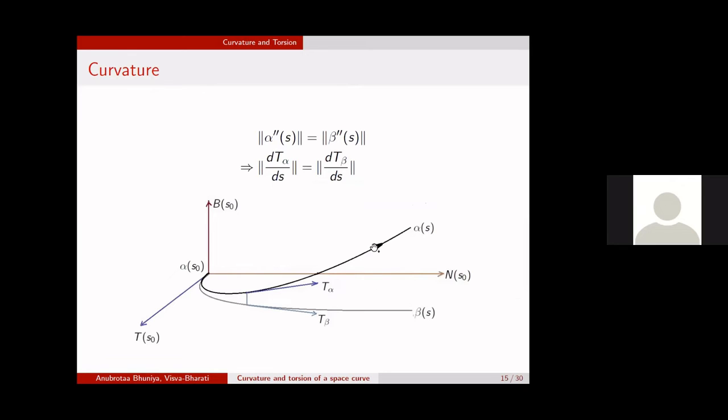So here I have taken the projection of a space curve alpha s on the oscillating plane at a point s0 and denoted it by beta s.